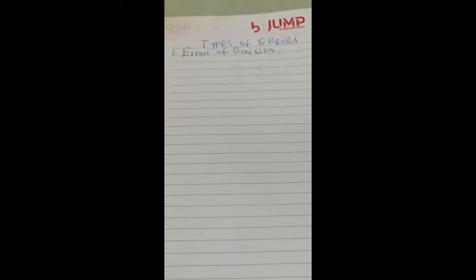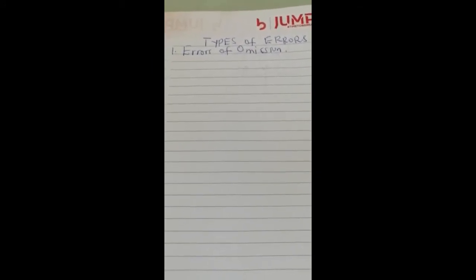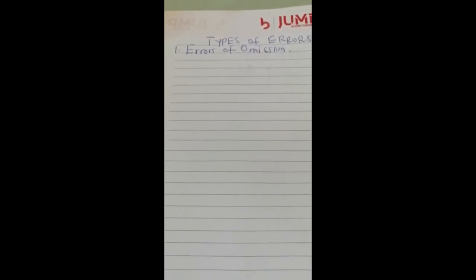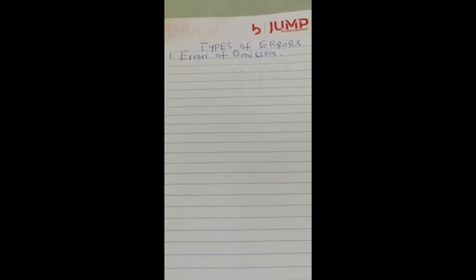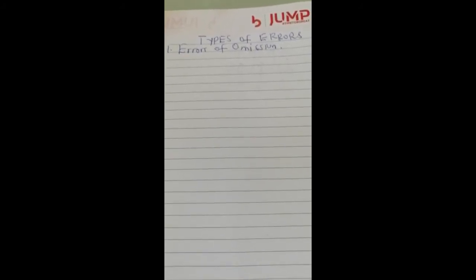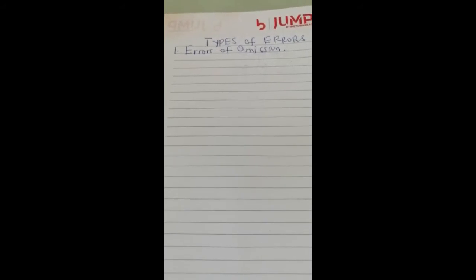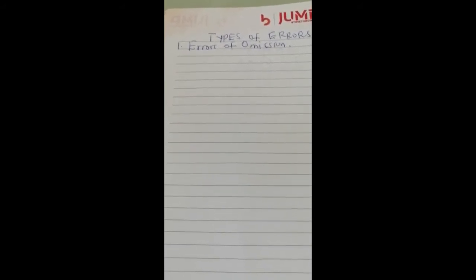Now, this type of error happens when you forget to enter a transaction in the books. Yes, you may forget to enter an invoice you've paid or the sale of a service. And this is mostly done when you use your petty cash to pay for expenses. Most of the times you forget to record it.